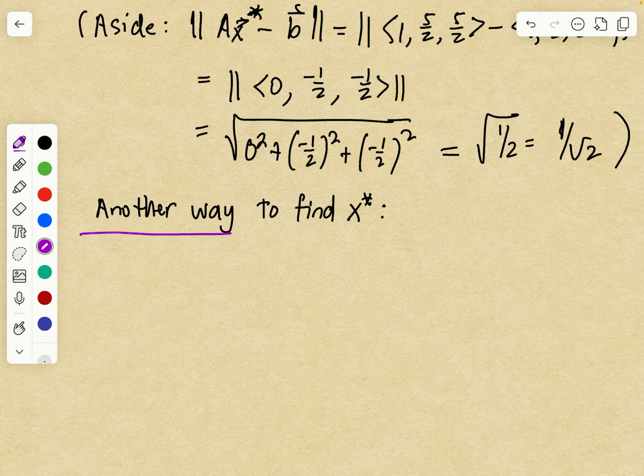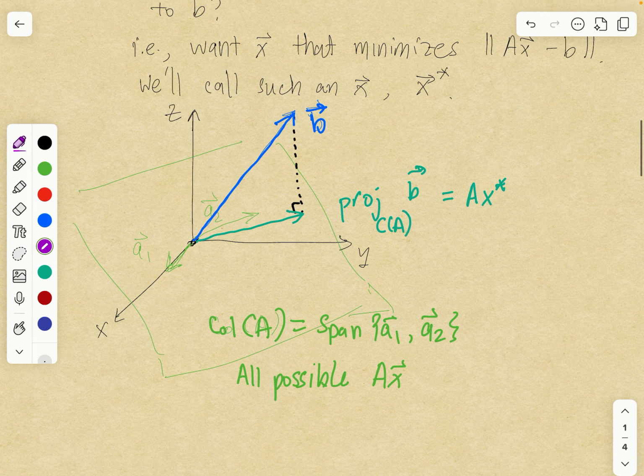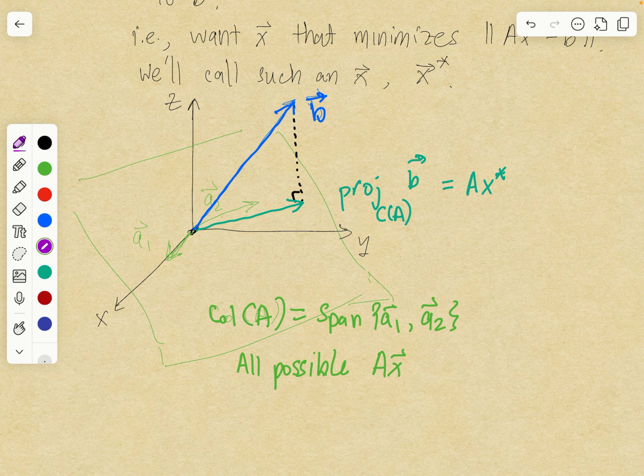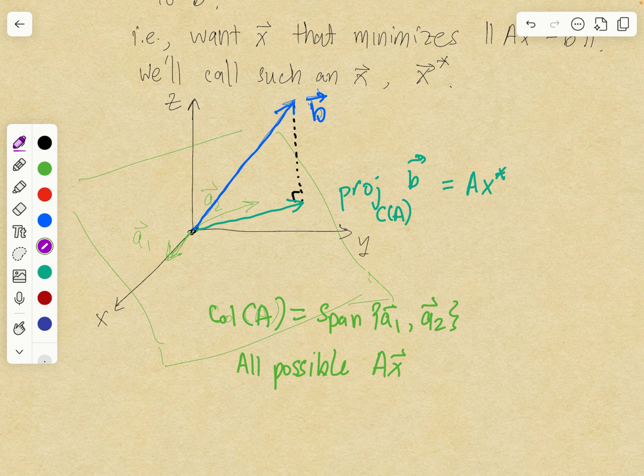Let's go back to the picture here. So we saw that this Ax star is going to be the projection of B onto the column space. Now what you notice about this vector here, the difference, that's B minus the projection, well, we can actually just write it as B minus A times x star.